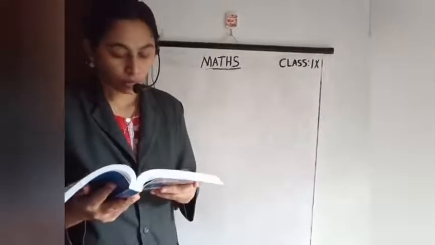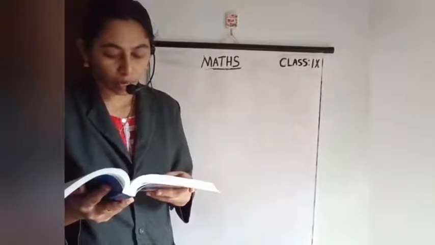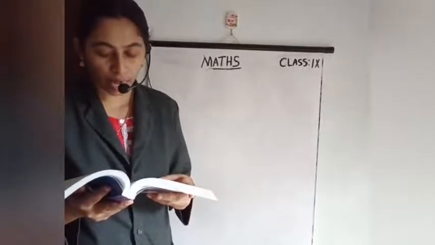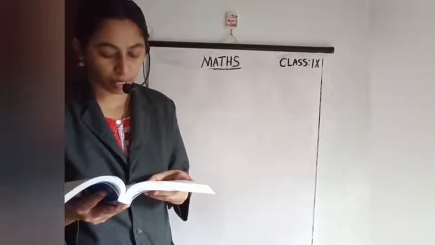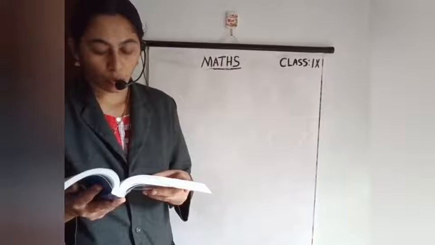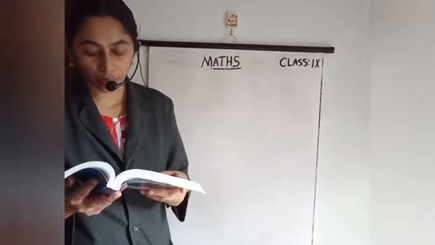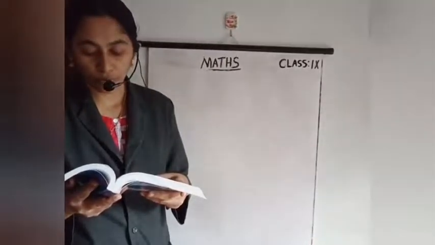Now question 2. It is required to make a closed cylindrical tank of height 1 meter and base diameter 140 centimeter from a metal sheet. How many square meters of the sheet are required for the same?